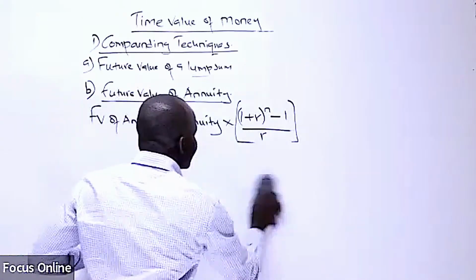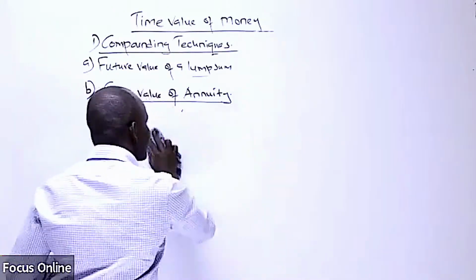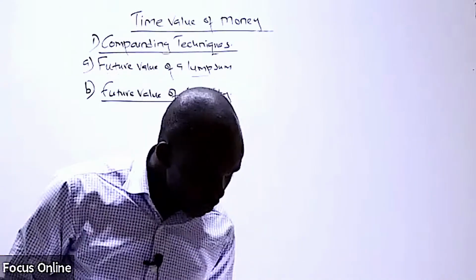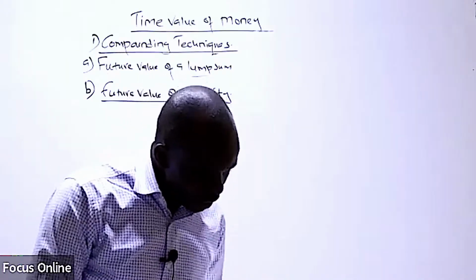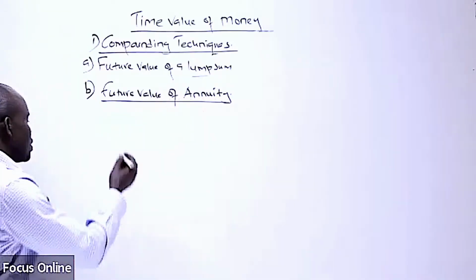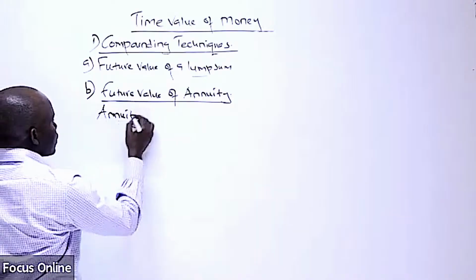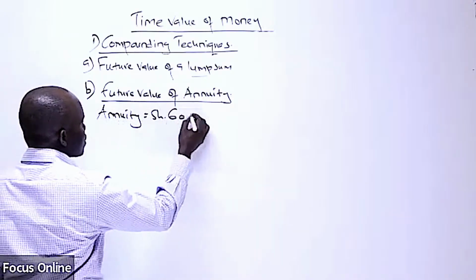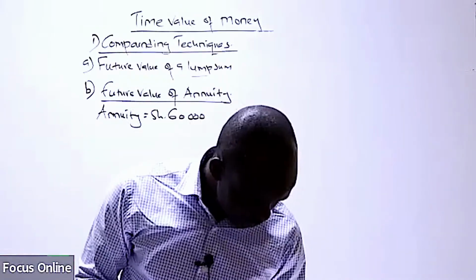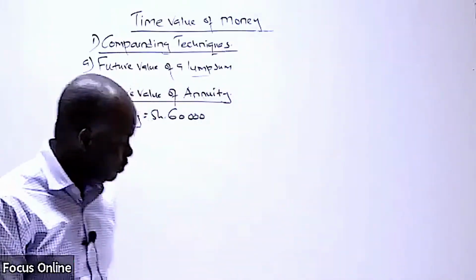Now we start. This is how you should be approaching these questions. You first analyze the question. For example, here the amount to invest is 60,000 at the end of each year, so annuity, shillings 60,000, at the end of each year for 4 years.